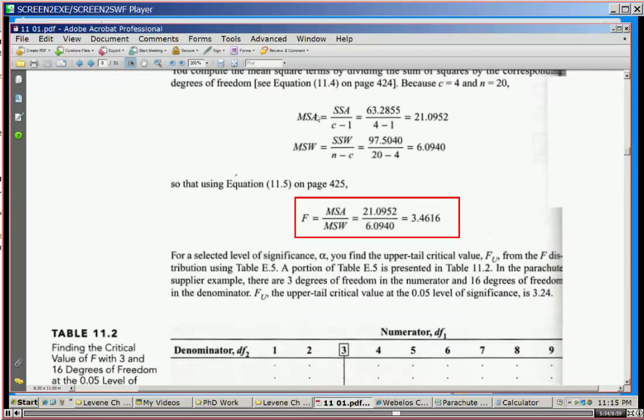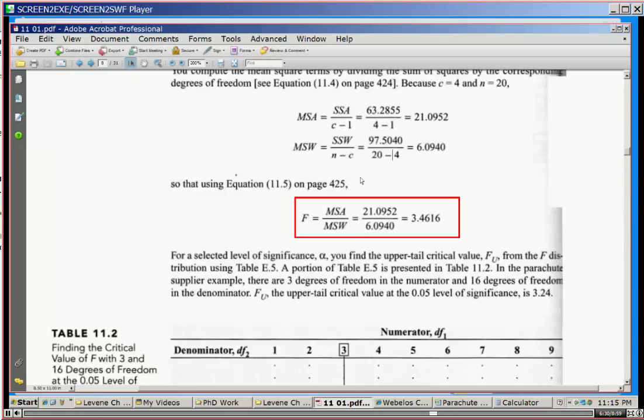The degrees of freedom between four groups, or among, as the authors of this book like to say, that's 3. 4 groups will allow the value to vary 3 times among them. This is the SSA calculated on the previous page divided by 3, 21. And this is the variance within the groups, inside them. We have 20 measurements and 4 groups, 6.094.